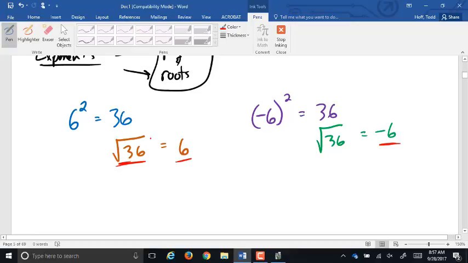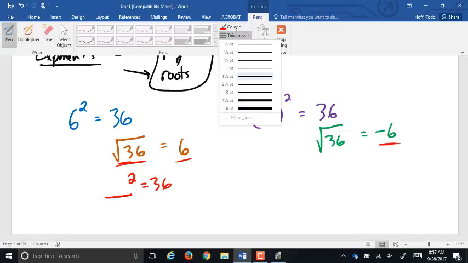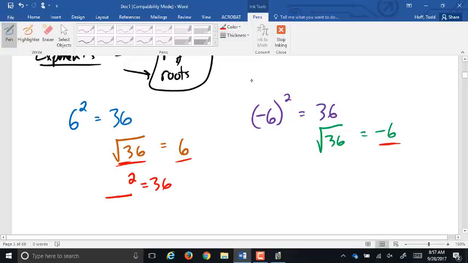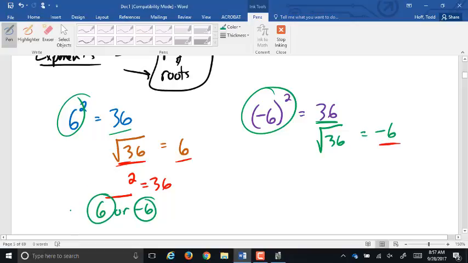When I say square root of 36, what that's really asking is what number squared equals 36. Well, because both 6 squared and negative 6 squared give 36, there has to be 2 answers in here. So you'd have to say 6 or negative 6.